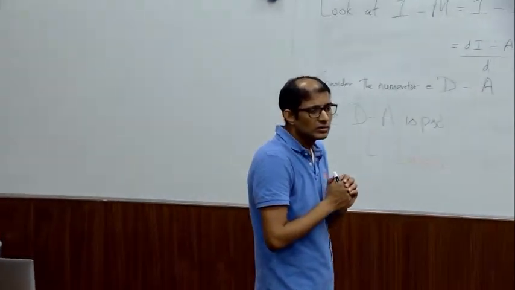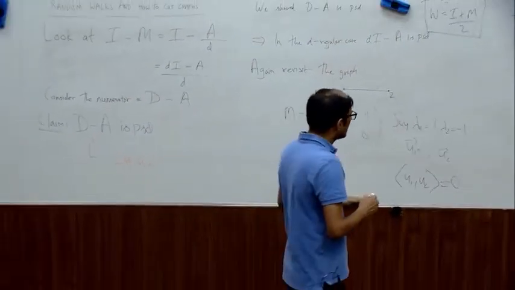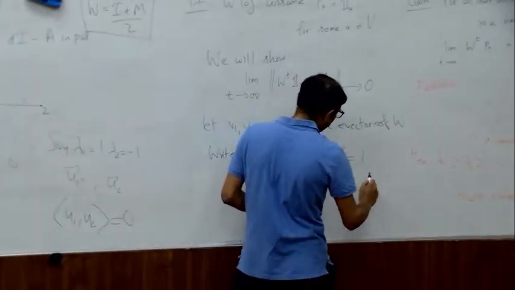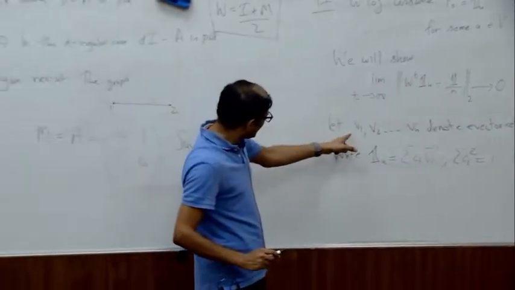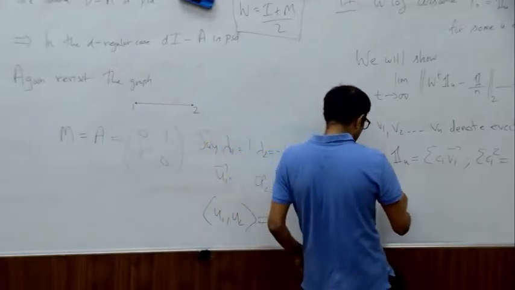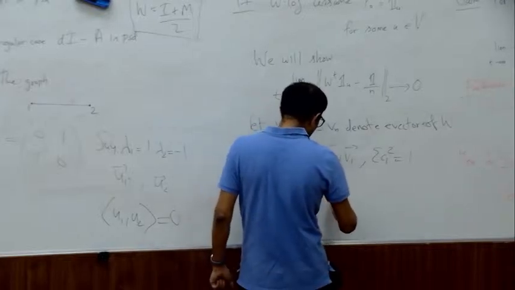V1 and 1 sub u. Good. Remember, V1 is an eigenvector. So in order to define C1, I can take C1 to be the inner product between V1 and 1 sub u.